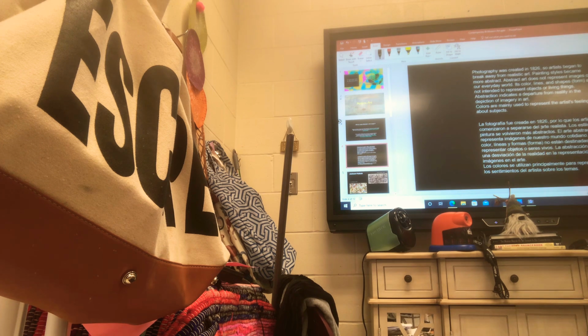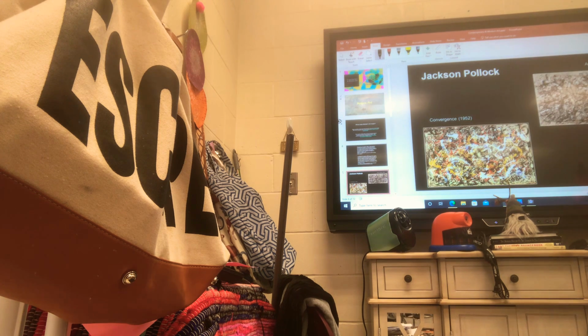So they were breaking away from the old realistic time, and war was happening, and they wanted more feelings, more expression in their art to escape the war, right? Because it's a lot. So here's an example of an artist, Jackson Pollock, and this is some of his abstract art. He's also considered an action artist and an abstract expressionist artist.